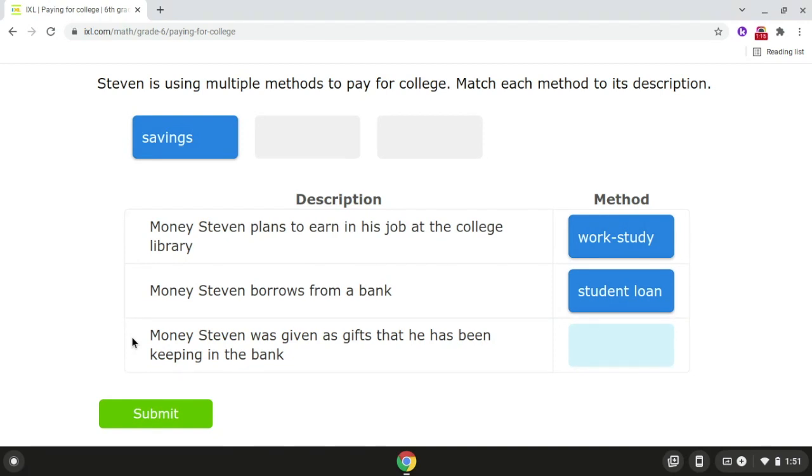This type of method is a savings method. Okay, so that is problem number 3. Now we're going to be moving on to problem number 4.